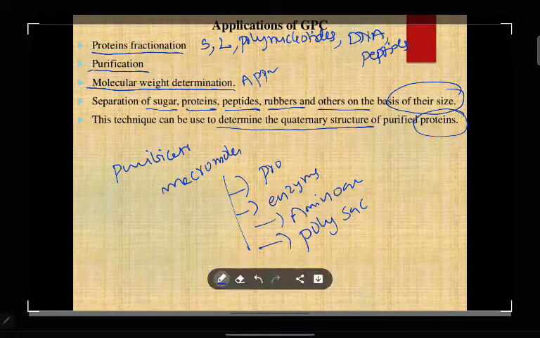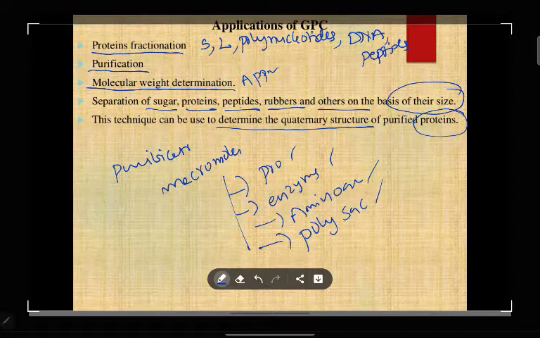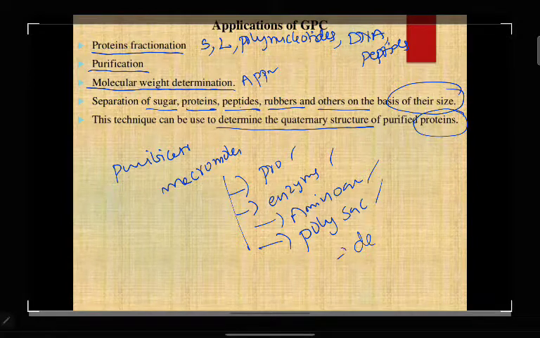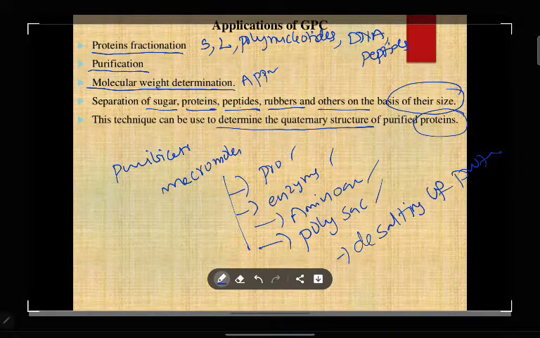So this macromolecule purification we can do. Then next application, desalting of proteins. Desalting of proteins also we can do by using gel permeation chromatography. So these are the applications of gel permeation chromatography.